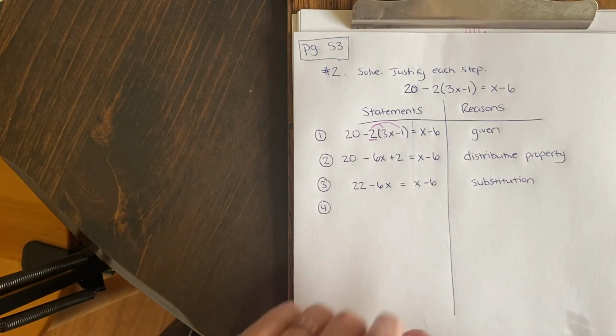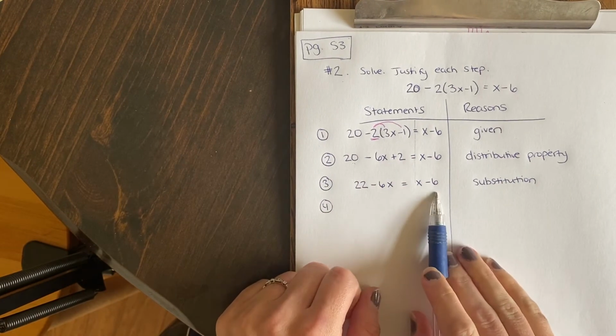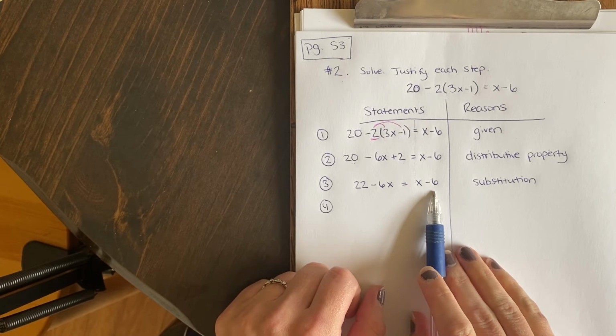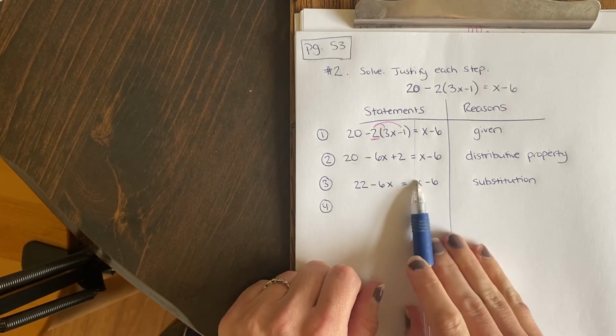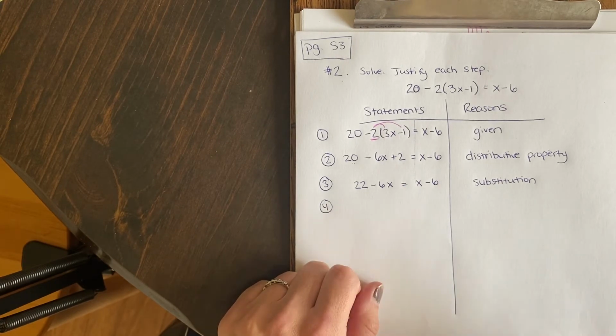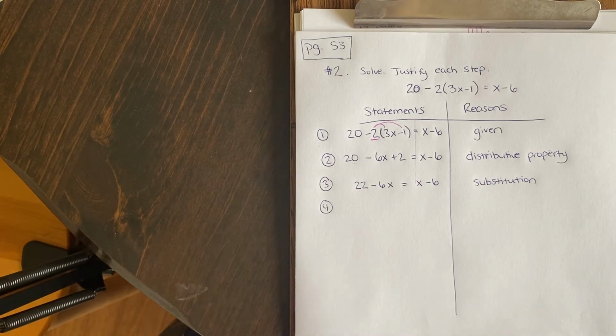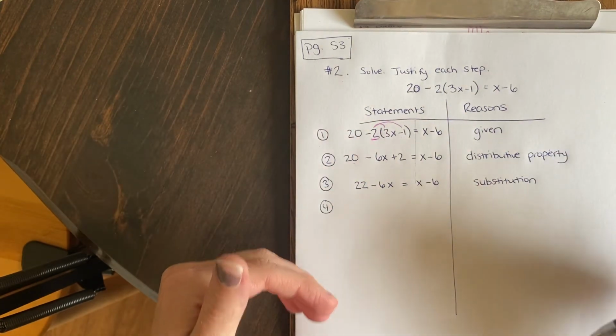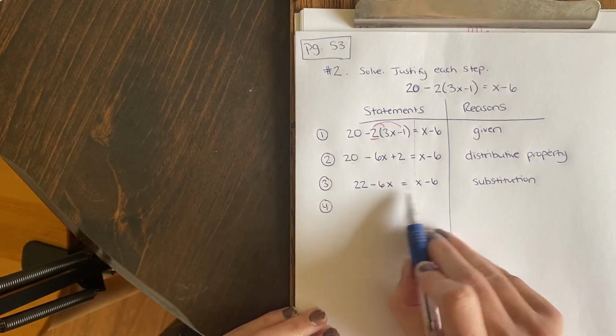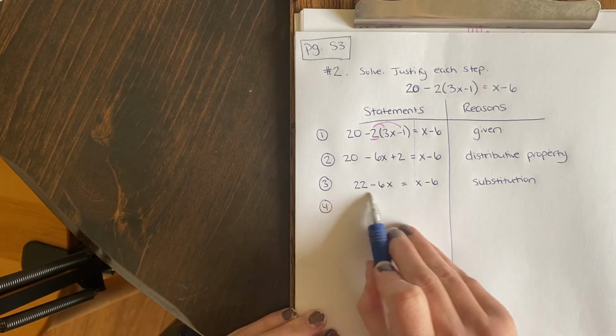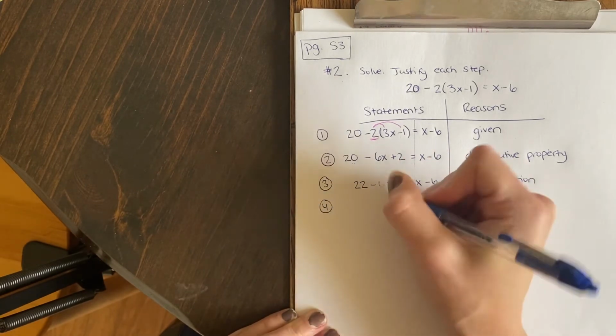I know that I need to get all my x's on one side. So the next step in my equation is I want to get rid of this x. So I know I'm going to subtract x from both sides. When we're writing a proof though, instead of just subtracting x on both sides here, I want to take my statement and rewrite it.